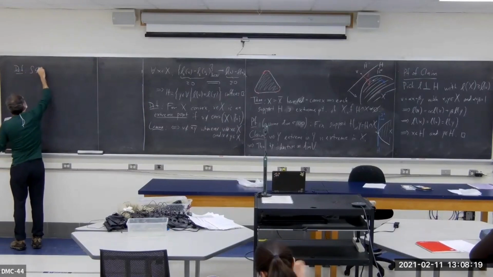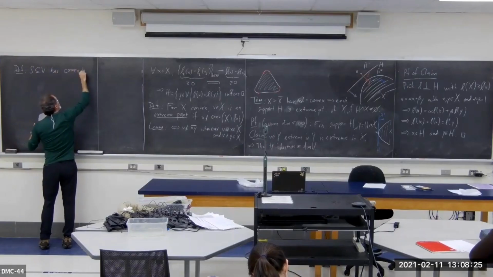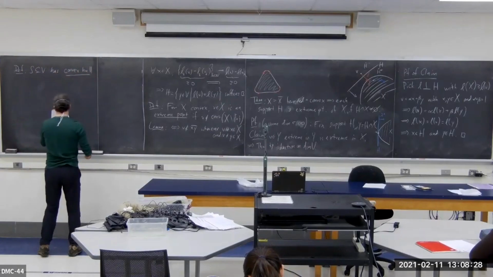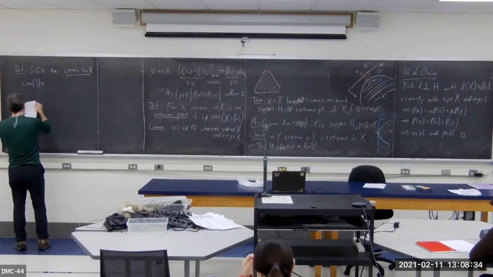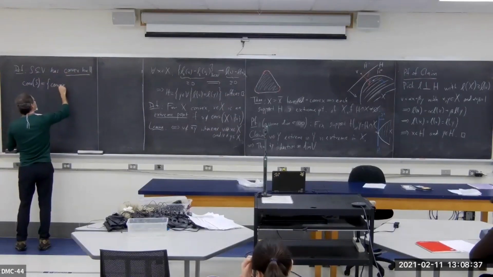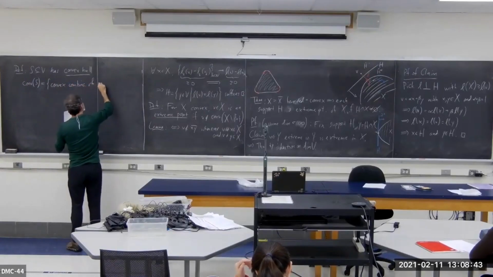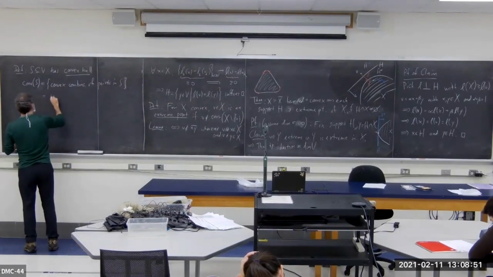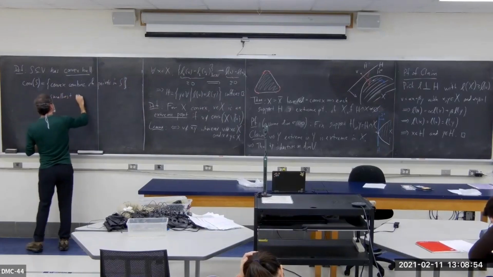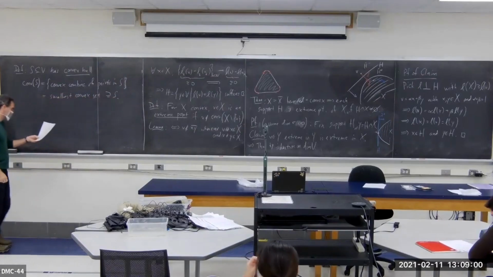Definition: a subset S inside of V has convex hull. And we've sort of already defined this. It's going to be conv S, which is going to be the convex combinations of points in S, which is, I claim, the smallest convex set containing S. That's a proposition.